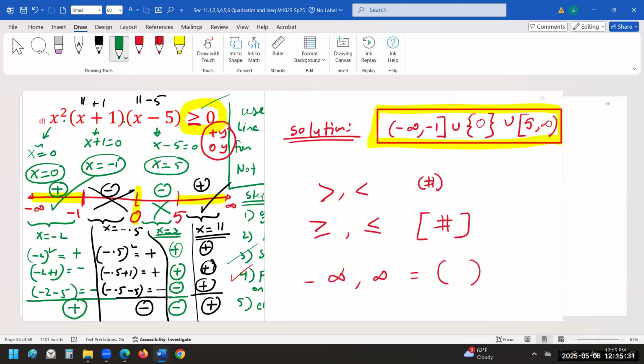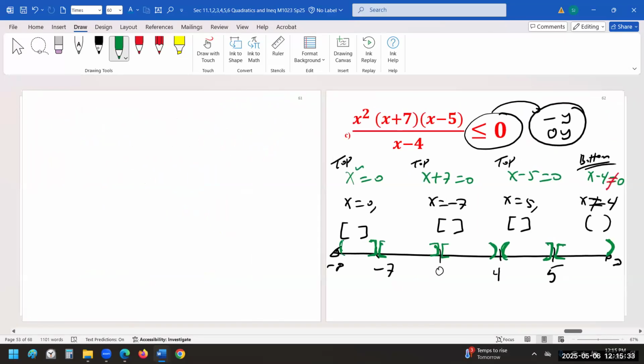So for this question, any number smaller than negative 7, you can pick anything. What do you want to pick? Negative 9.